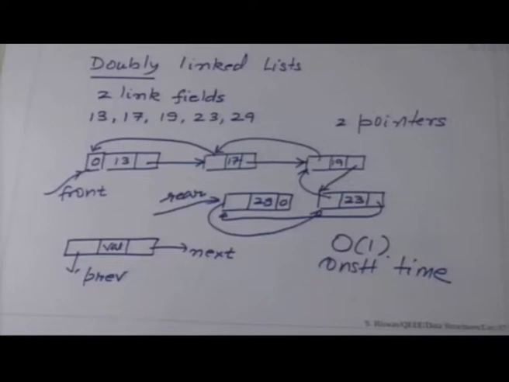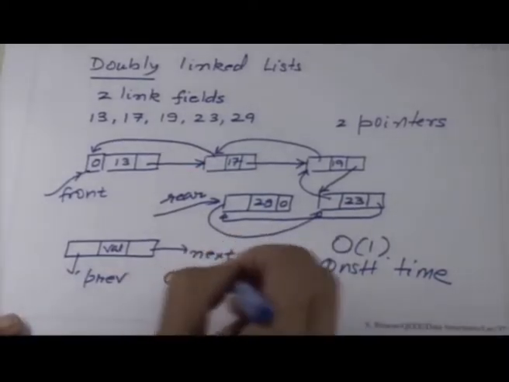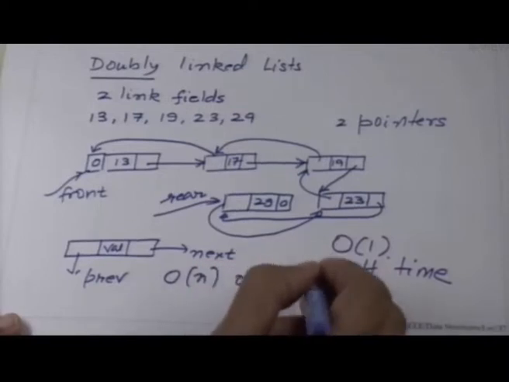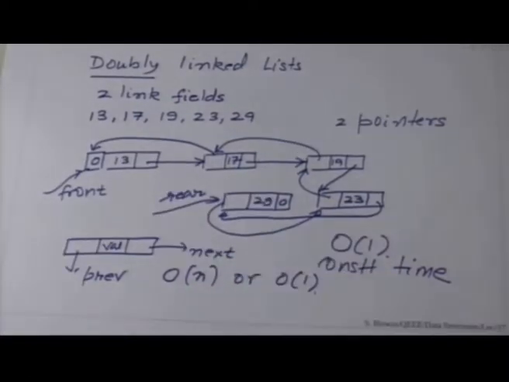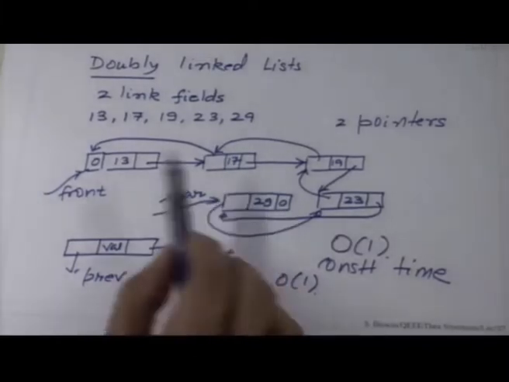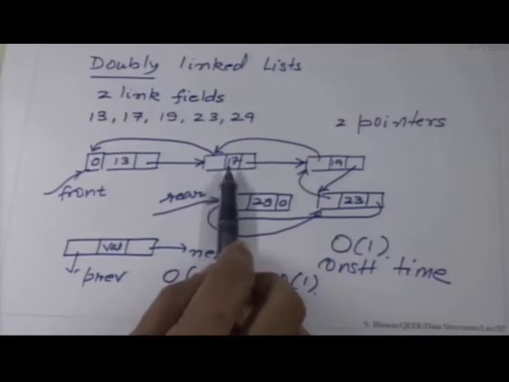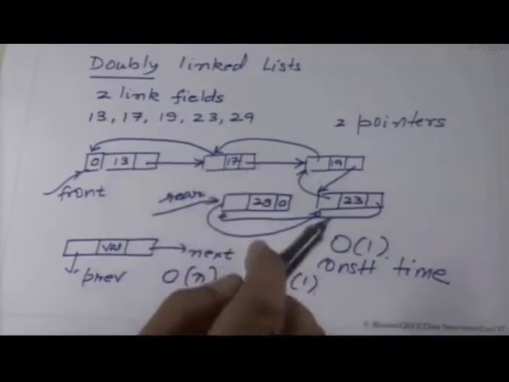So why have I said that deletion of any element could be either O of n or O of 1? If we want to find an element and then delete it, suppose I say delete 17 from this list, then I have to first keep searching, identify it, and once I sit at it, I can delete it immediately.